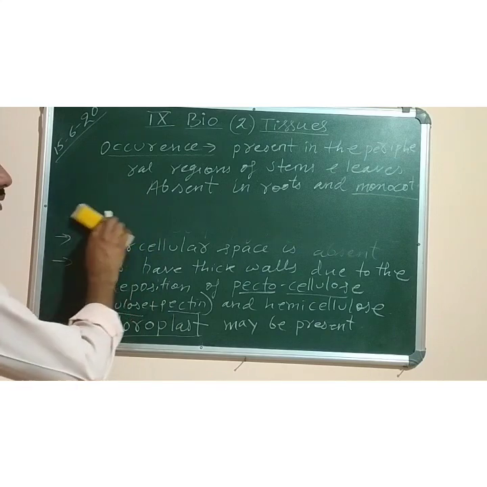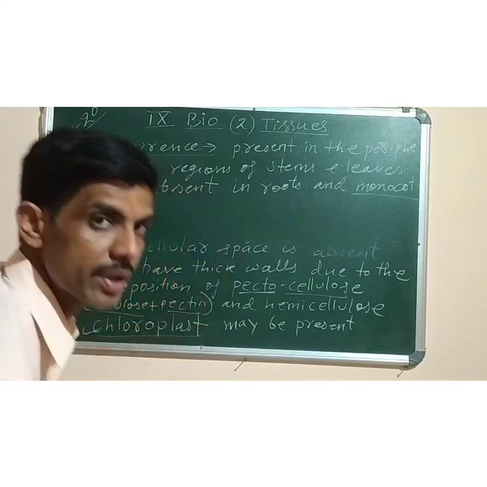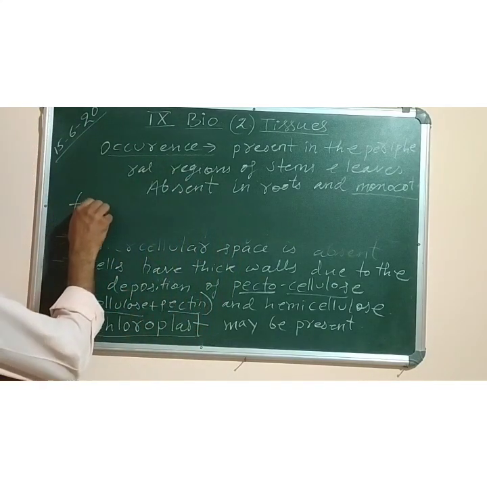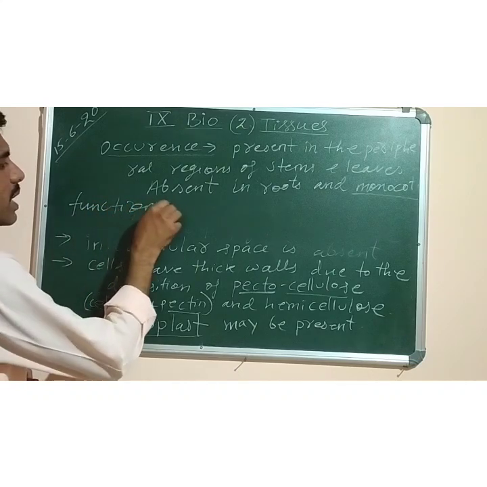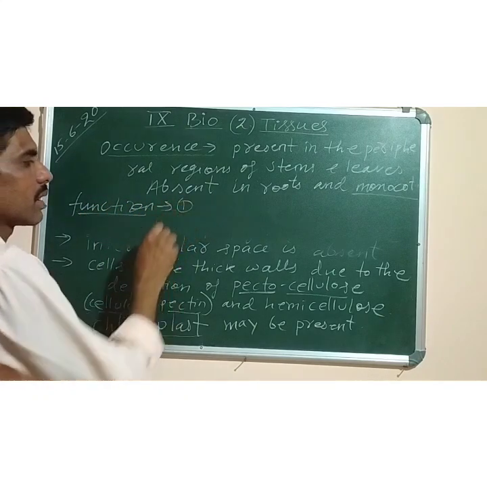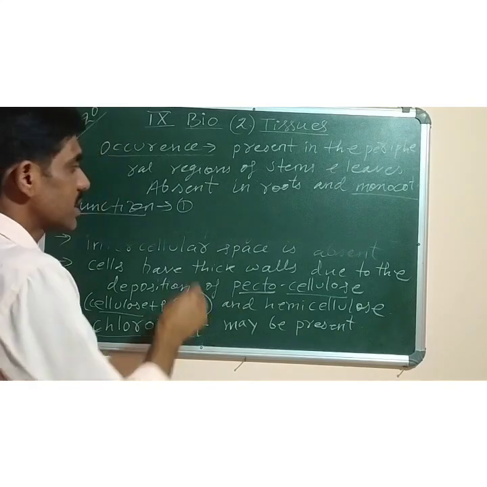Now what is the function? The last point we have to study about this one. What is the function of collenchyma tissue? Two functions are there. Number one, it helps in photosynthesis.